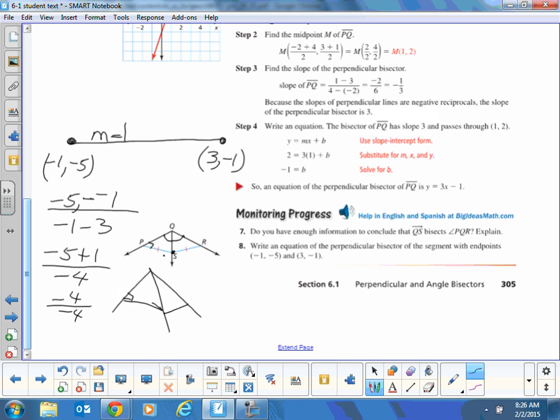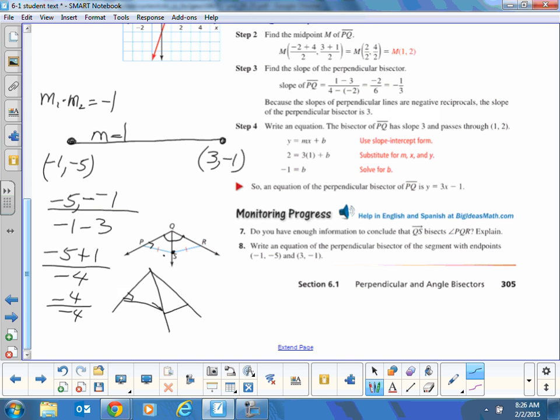What about the slope of the line that's perpendicular to that? Remember what happens? What happens when you multiply the two slopes? M1 times M2 equals -1.